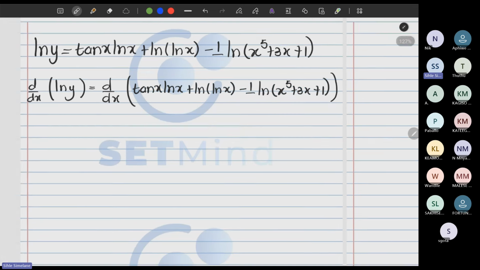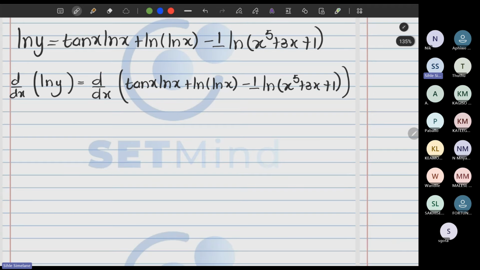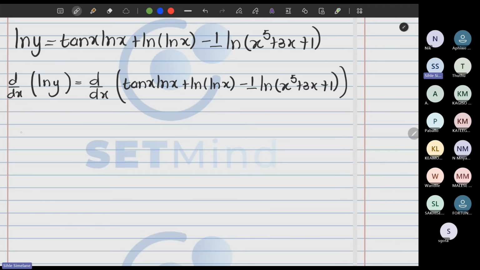So when we differentiate the left-hand side, what you should know is that the differential of ln becomes 1 over whatever you are differentiating, but we are dealing with y. So this will be multiplied by dy dx according to chain rule. And this will be equal to, now we are dealing with product rule here, we'll derive tan. What is the derivative of tan, guys?